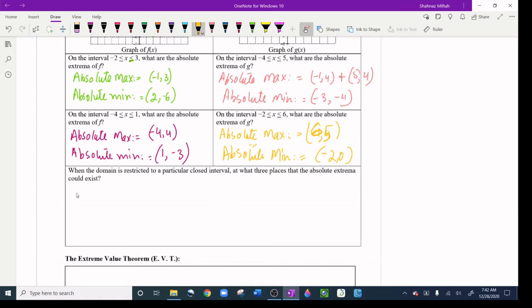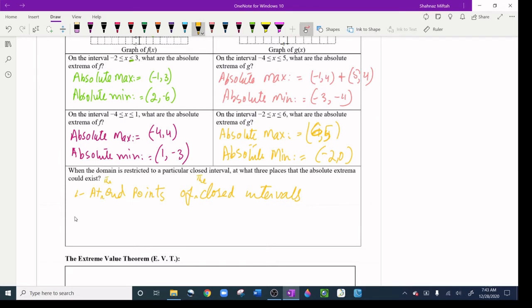Extrema exist at the endpoints. The first one is at the endpoints of the closed interval.